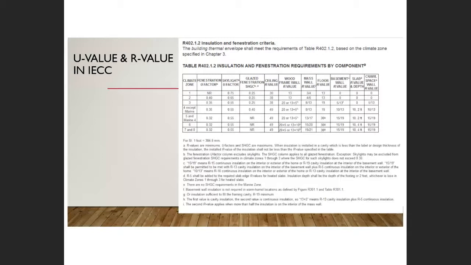You see the climate zone listed 1, 2, 3, 4, 5, 6. Climate zone 1 is Miami. Climate zone 7 and 8 is Duluth, Minnesota. So this is all fairly logical, right? The requirements for R values for insulation and ceilings increase as you move from a warmer to a colder climate zone. Ditto for the insulation requirements in a wood frame wall.